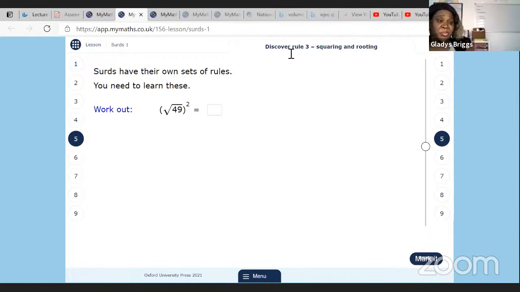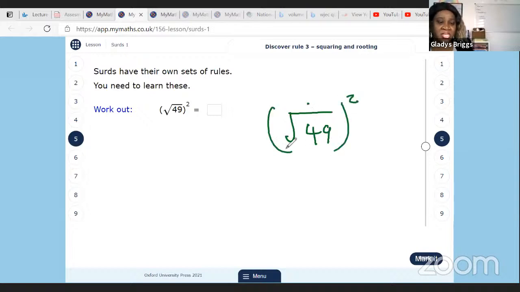So I've already told you this one. If you have a square number being squared, it can cancel out and that will just become 49 on its own. Squares can cancel square roots, and you've been doing this anyway with me. The square root of 49 squared, the square can cancel the square root and you just have 49.